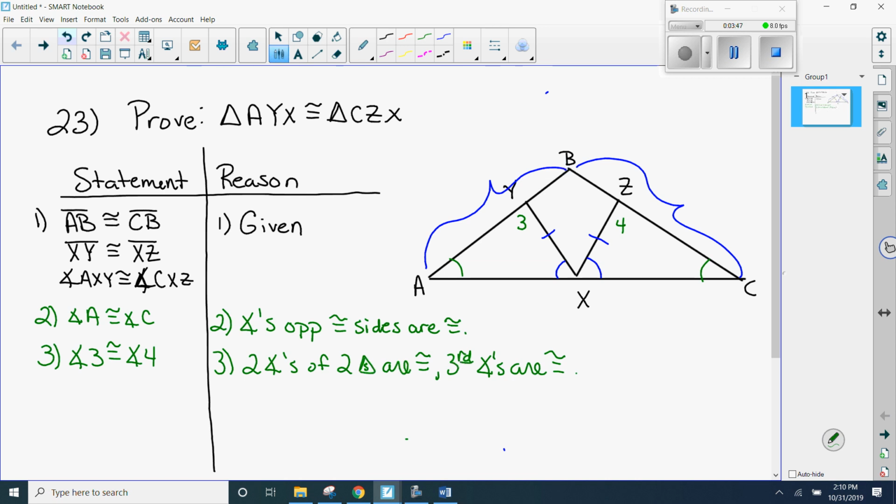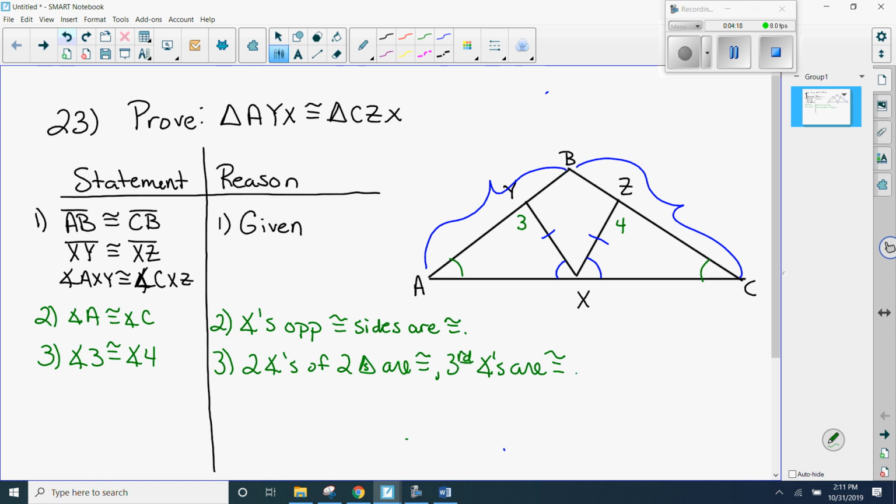So I tried to shorthand that. And it's just angle addition, because if these two angles right here happen to be 30 and 60, what would angle 3 be? 90, because the sum of the angles has to be 180. So you also have 30 and 60 over here. So what does angle 4 have to be? 90 degrees. So those two angles have to be equal to each other.